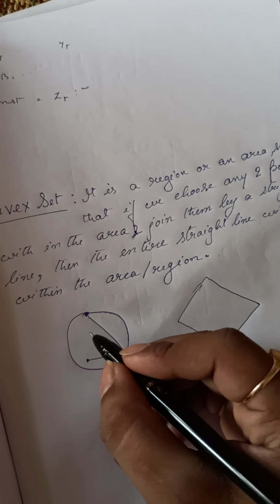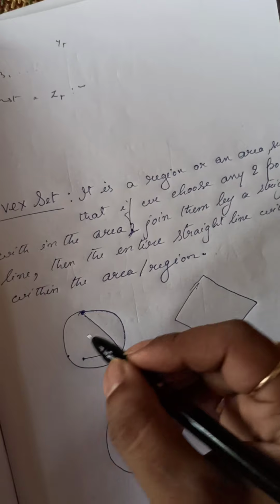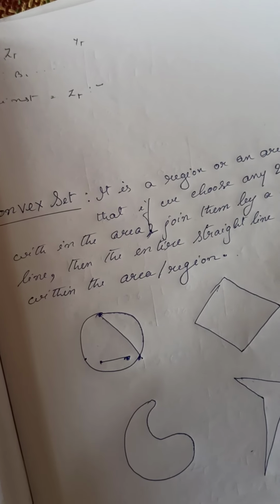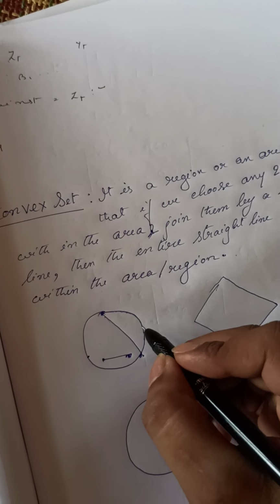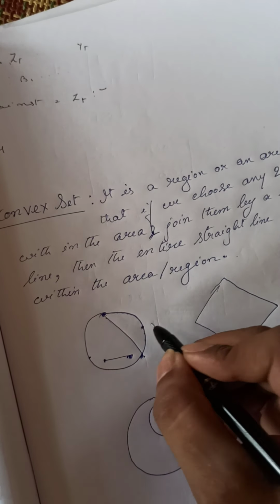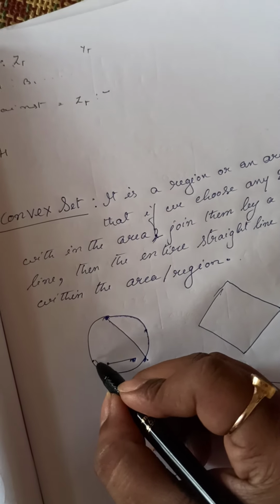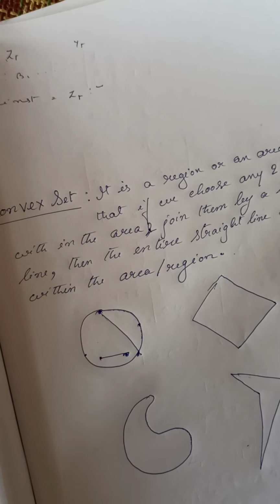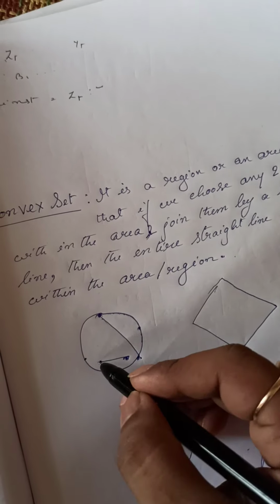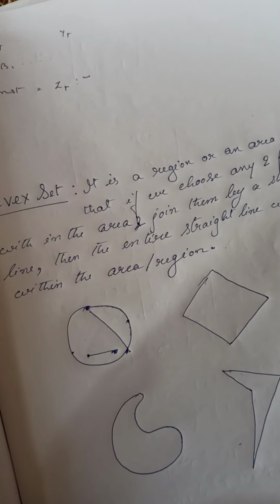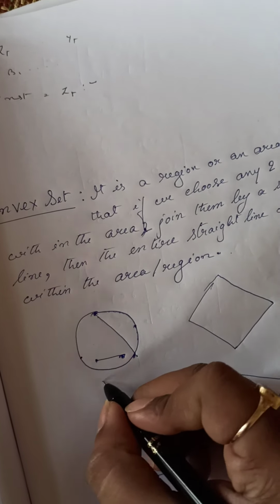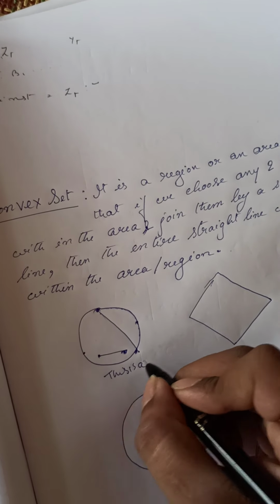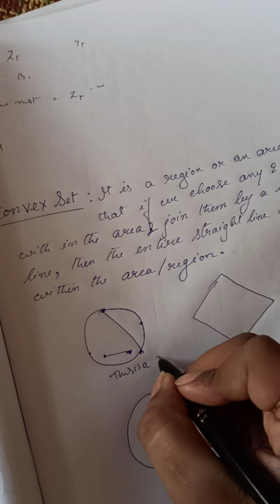If you check for each and every point of this diagram, you will see that no matter where or what combination of points you select and join by a straight line, all the straight lines will lie within the demarcated area. So this is a convex set.